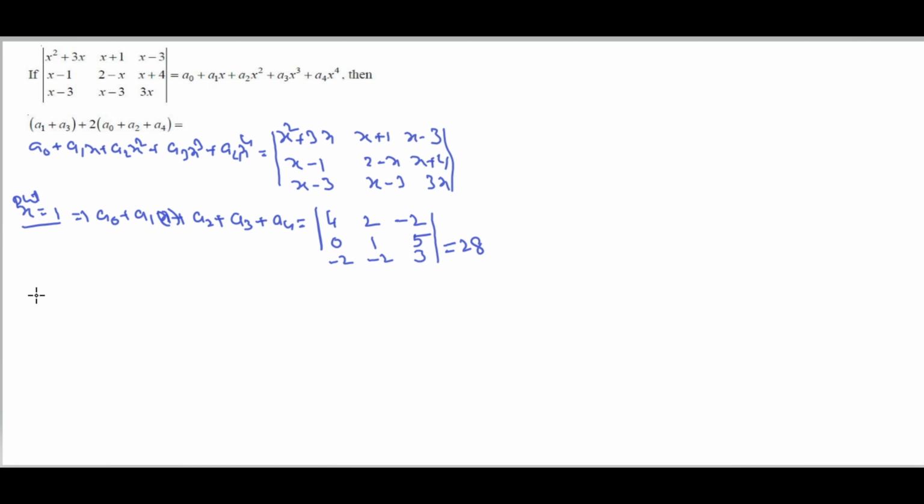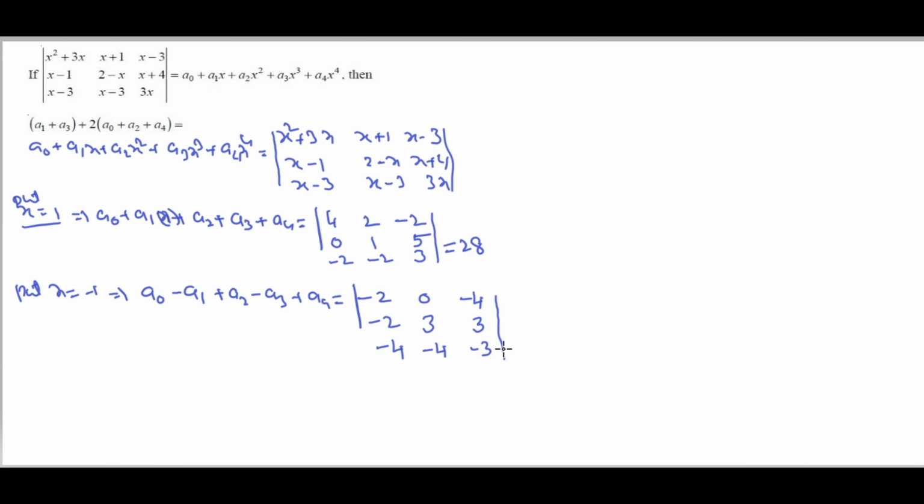Now we substitute, put x is equal to minus 1. So that is a0 minus a1 plus a2 minus a3 plus a4, that is equal to minus 1 whole square minus 3, that is minus 2; 0; minus 1 minus 3, minus 4; minus 1 minus 1, minus 2; 2 plus 1, 3; that is minus 1 plus 4, that is 3; minus 1 minus 3, minus 4; minus 4; 3 into minus 1 minus 3.